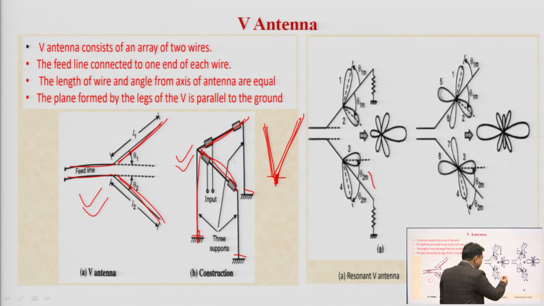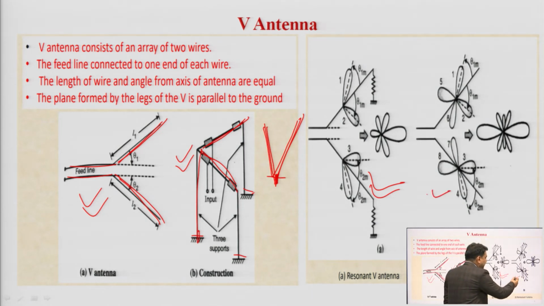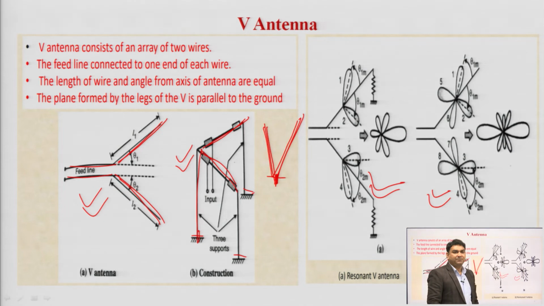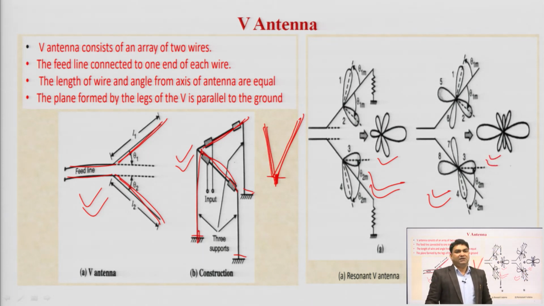It means this is the resonant V antenna and this is the non-resonant V antenna, and we have shown the radiation patterns, how they exist in this form: bidirectional and unidirectional radiation patterns.